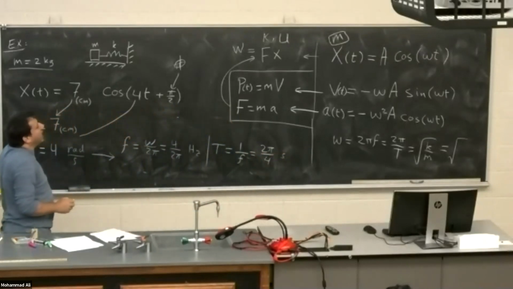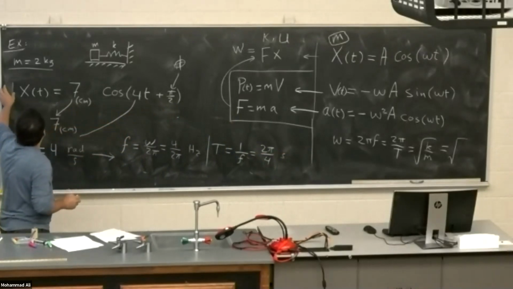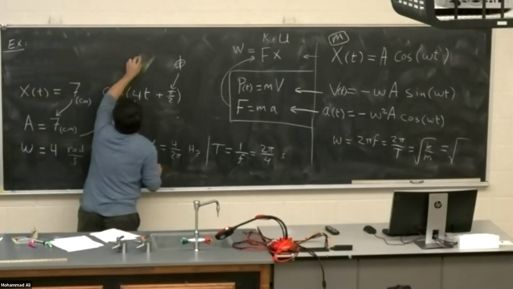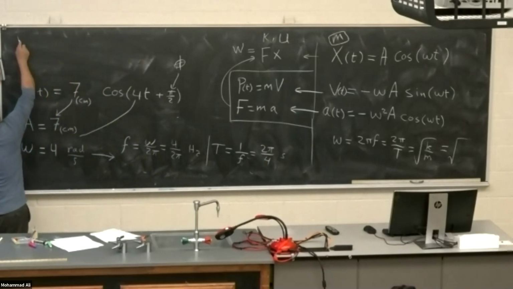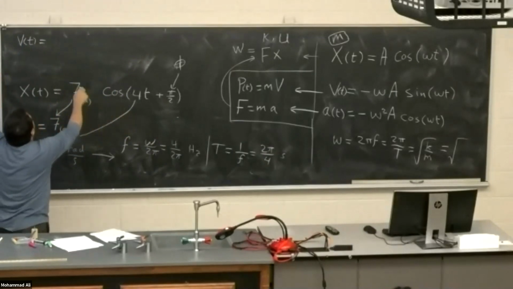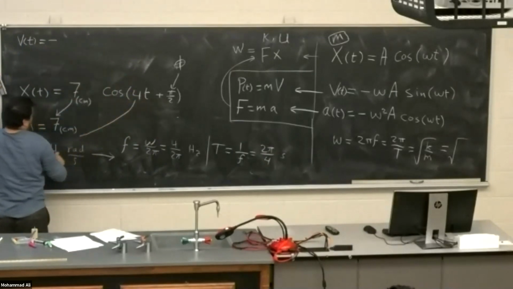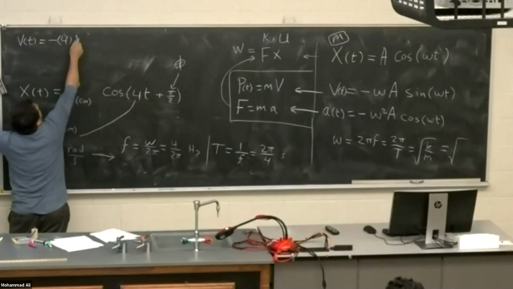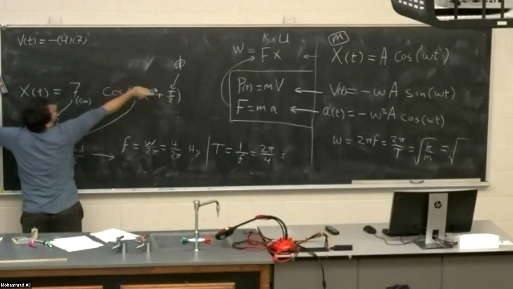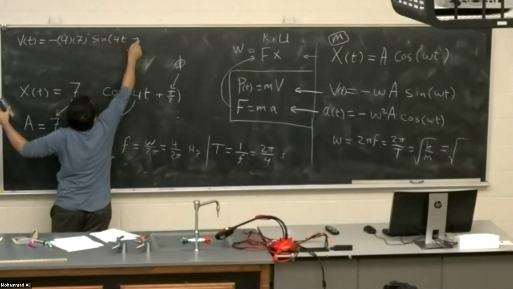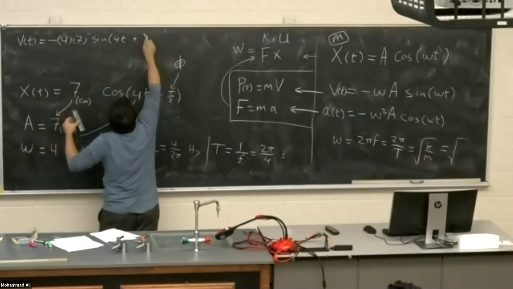What if I ask you to find the velocity and the acceleration? Yes, Salam? Okay, the velocity as a function of time is equal to negative omega, omega is 4, multiplied by A, which is 7, multiplied by sine, not cosine, sine of omega t, which is 4t plus phi, we have pi over 2.